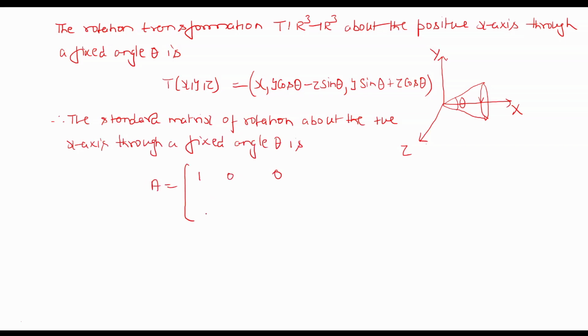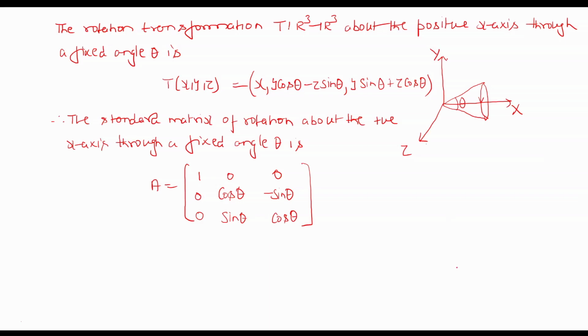In the second component, the coefficient of x is 0, the coefficient of y is cos theta, the coefficient of z is minus sin theta, and in the third component the coefficient of x is 0, the coefficient of y is sin theta, and the coefficient of z is cos theta. Okay, so this is your matrix.